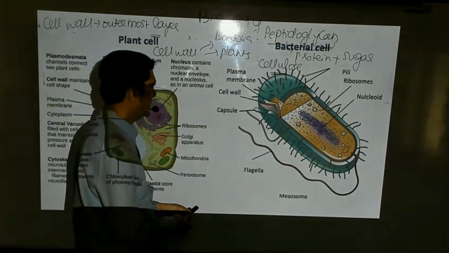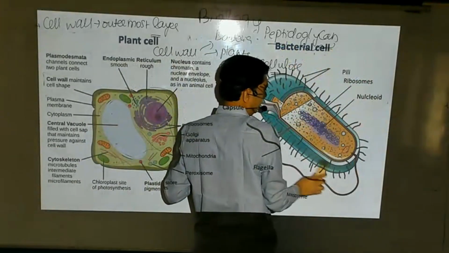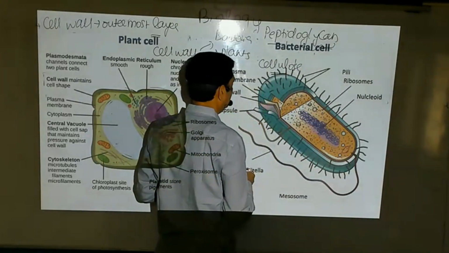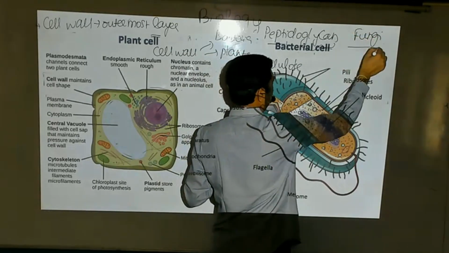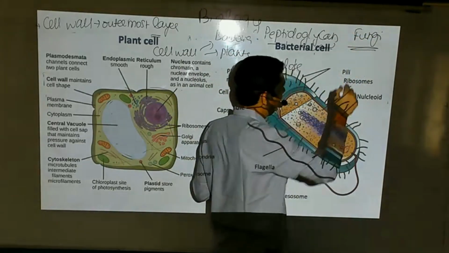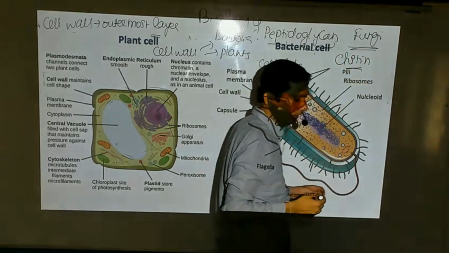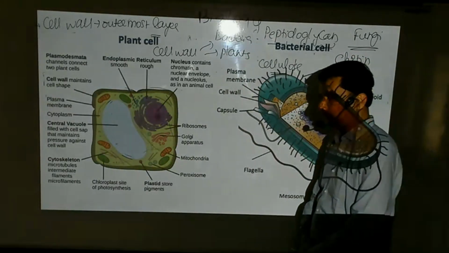Sometimes in the exam they also ask what is the cell wall in fungi made up of, because fungi also carry cell walls. In fungi, what is the cell wall made up of? Any idea? Chitin. Make a note of this. In the exams generally they ask about this. Fungal cell walls are made up of chitin. C-H-I-T-I-N.